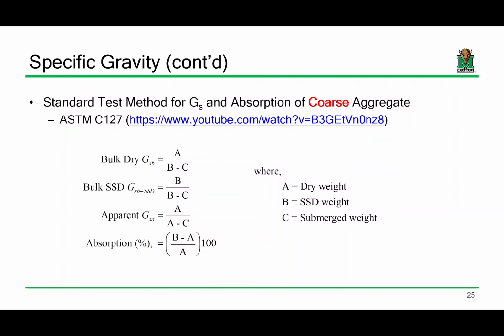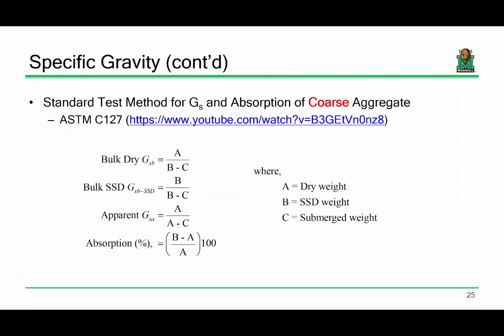And so here's the idea. When we're using apparent specific gravities, we're assuming that the volume that we care about is the dry volume, but when we're looking at bulk specific gravities, we're assuming the SSD volume.